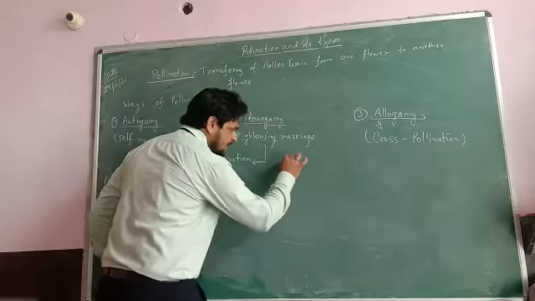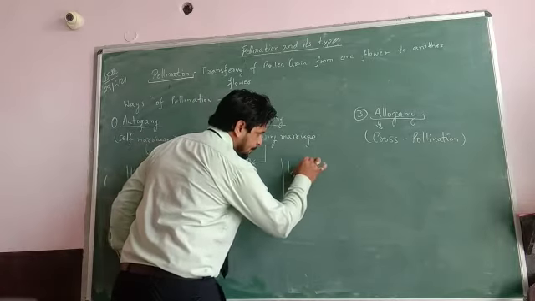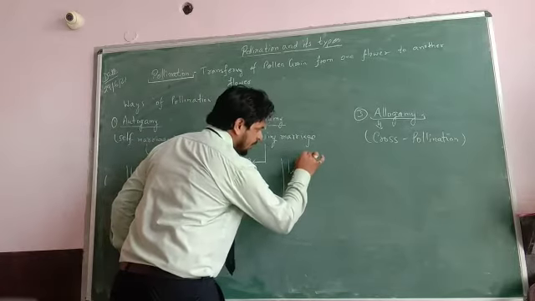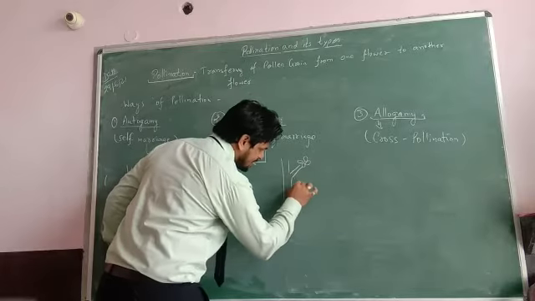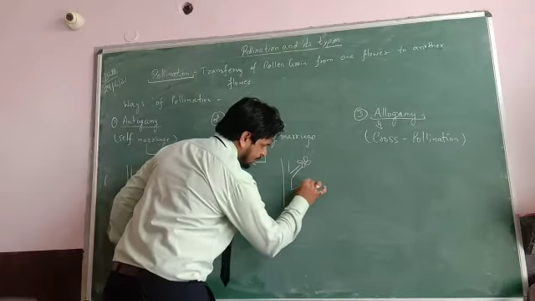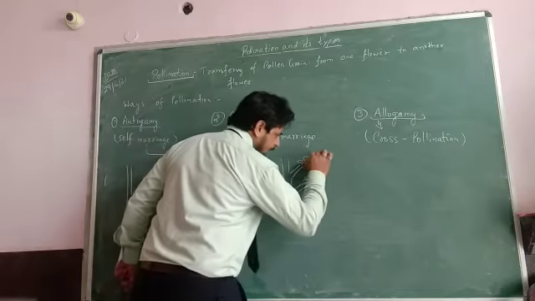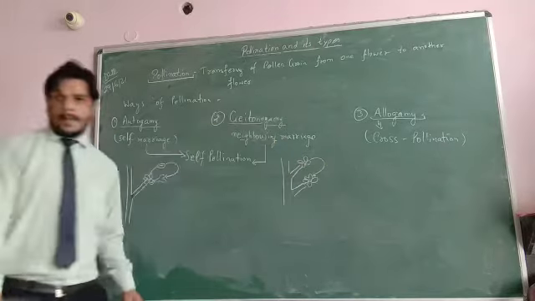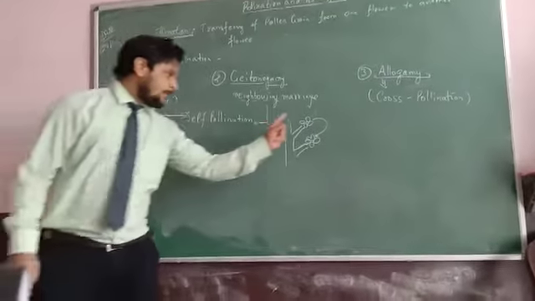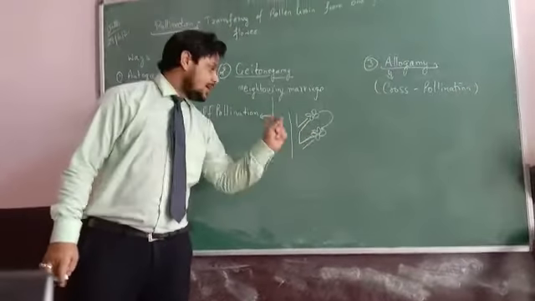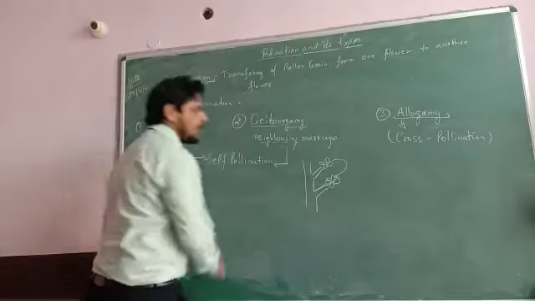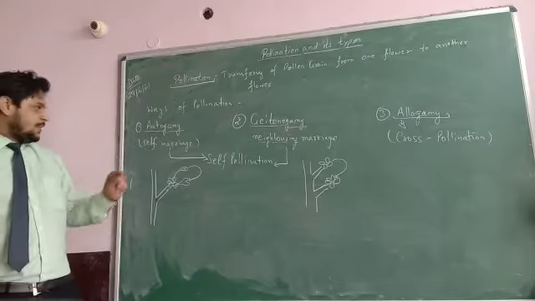Of the two different flowers, one is a male flower and the second one is a female flower. There is a transfer of pollen grains from the male flower to the female flower, but these flowers occur within the same plant.